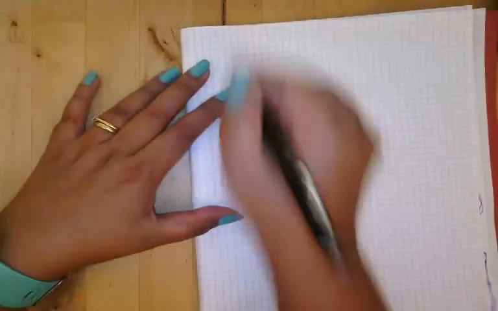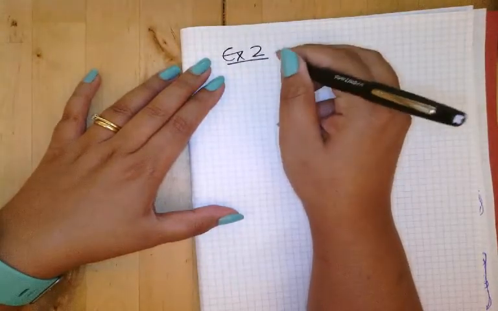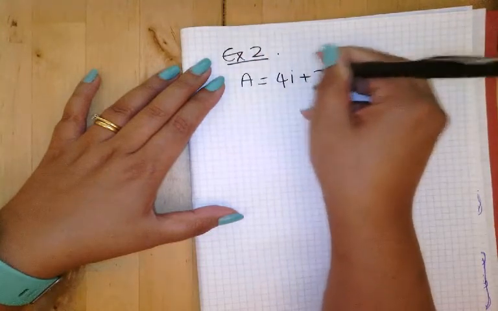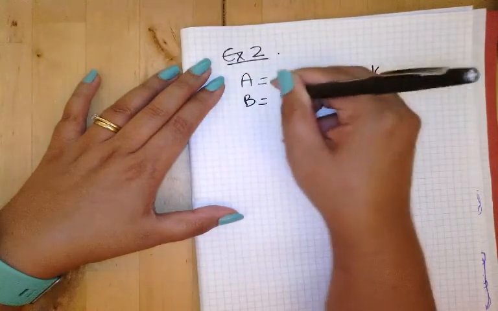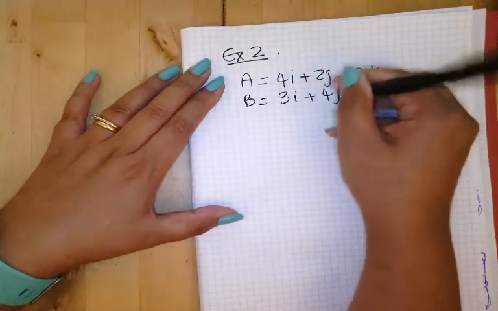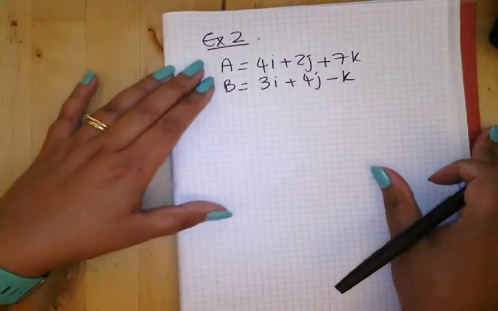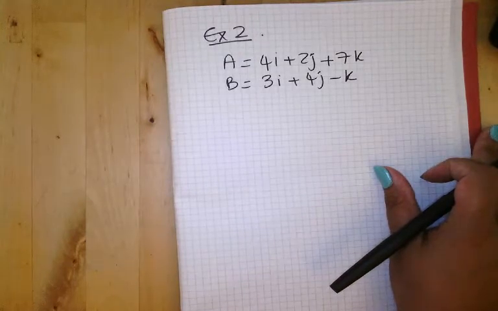Next example, it says the points A and B have position vectors. So A is 4i plus 2j plus 7k, and B is 3i plus 4j minus k, relative to a fixed origin O. Find AB.